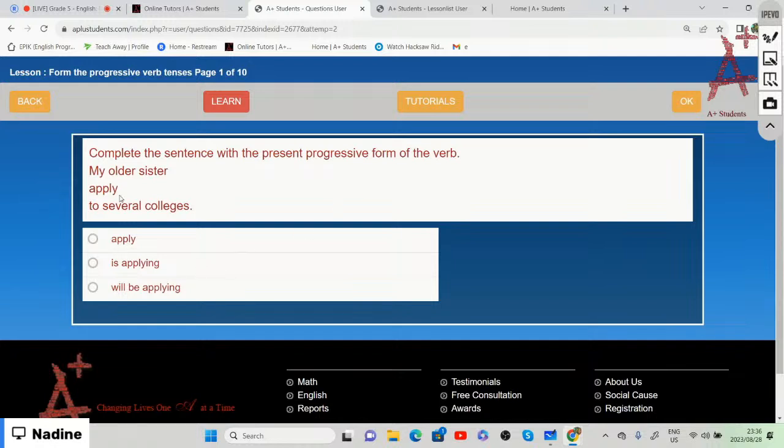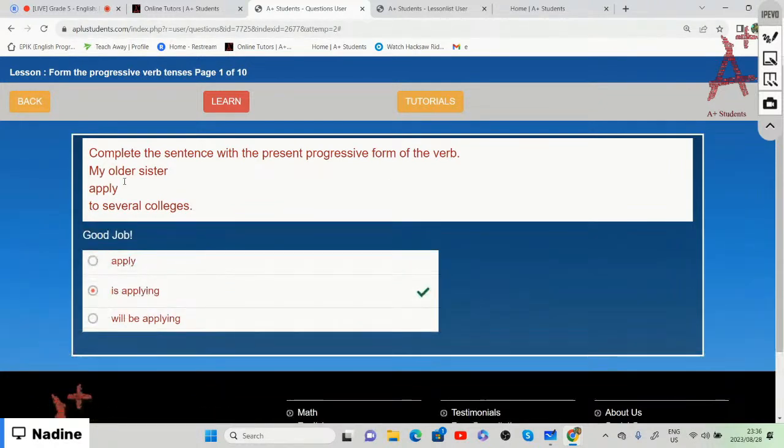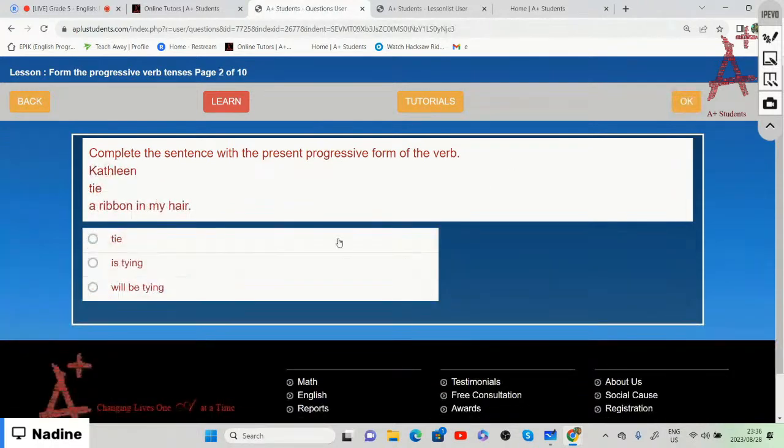So we will say my older sister is applying to several colleges. So is applying means she's doing it in the present tense. If you said is applying, then well done.